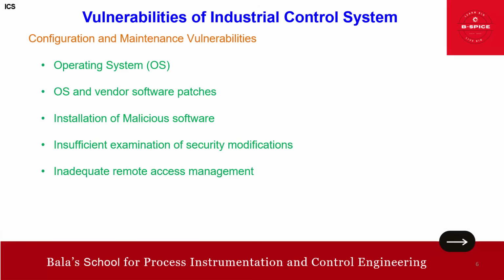Then another one, inadequate remote access management. There are various reasons why remote access may be required for an ICS. Maybe a system maintenance task performed by vendors or a system integrator, or an ICS engineer accessing a geographically distant system component. To safeguard against unauthorized access, it is essential to maintain robust control over remote access capabilities.